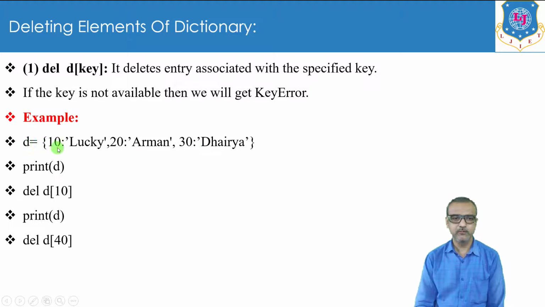So this key-value pair, that is 10 colon Lucky, will be removed from dictionary D. And then if you print D, we will have this output only: these two key-value pairs in the dictionary D, that is 20 Arman and 30 Dhairya. If you write del of D of 40, you can see that the key 40 is not there in dictionary D, so we will have a key error.